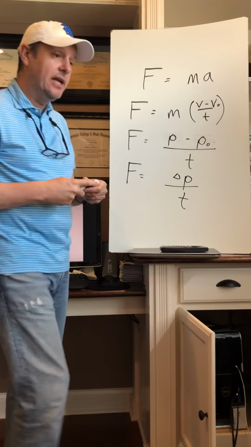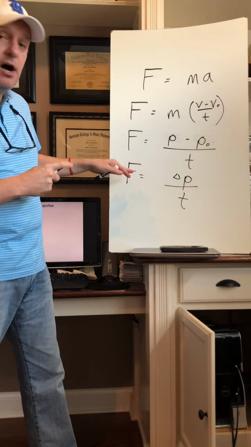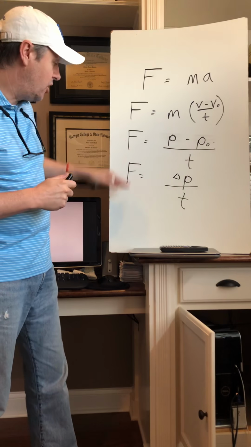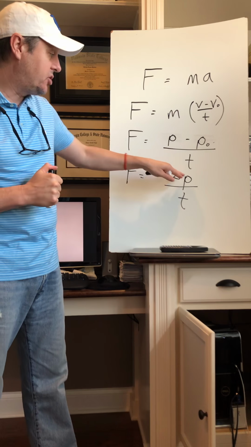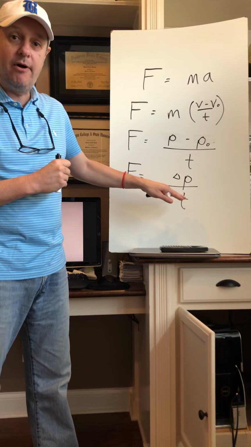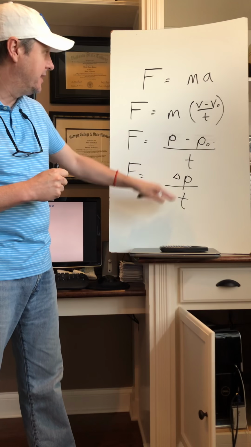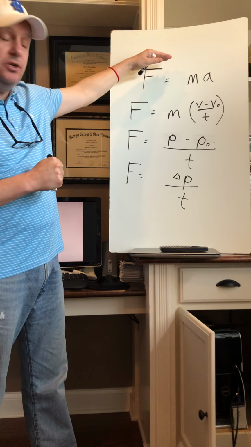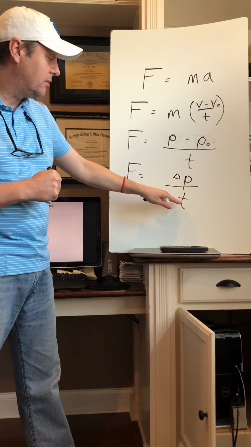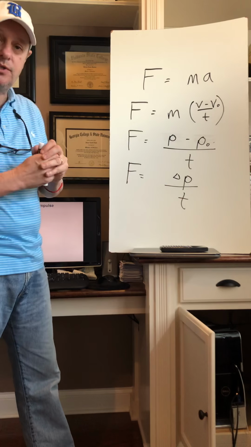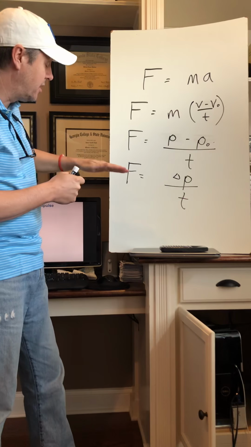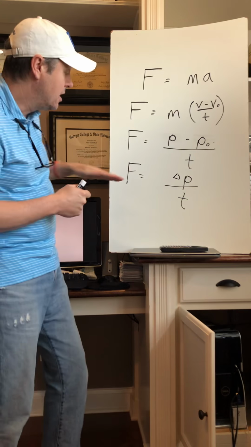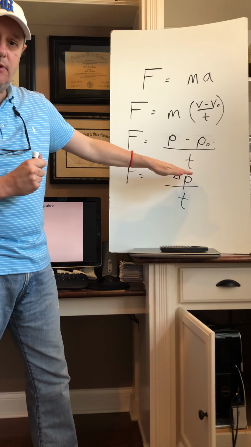So basically, a net force acting on an object, if it's an unbalanced force, causes a change in momentum over time. We derived this from the acceleration formula and Newton's second law. So the greater the force, the greater the change in momentum over time.